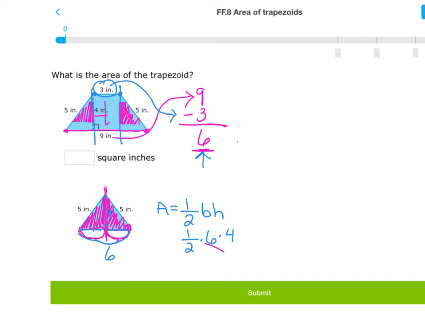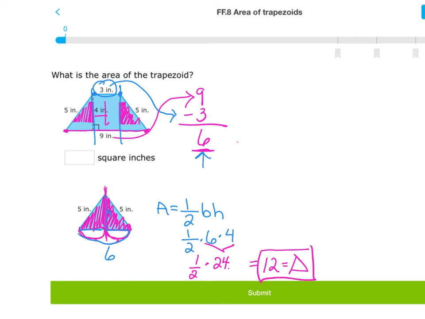So I'm going to do 6 times 4 is 24, and then half of 24 is just 24 divided by 2, so that would give me 12. Okay, so the area of the triangle is 12.